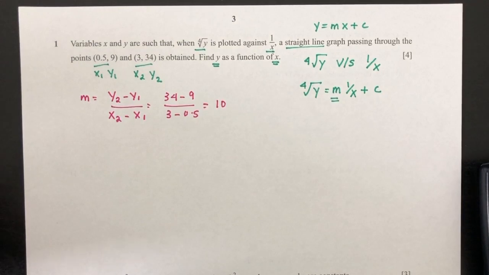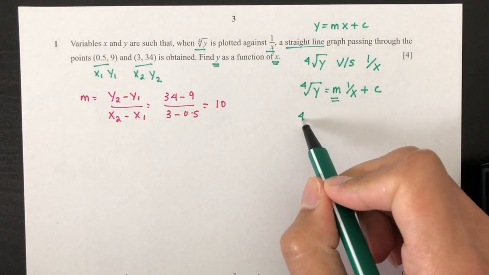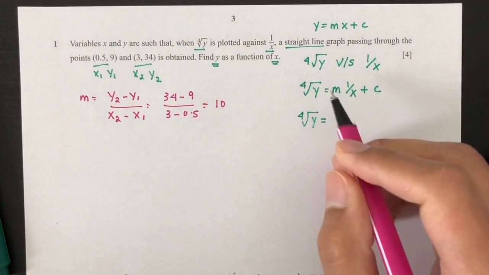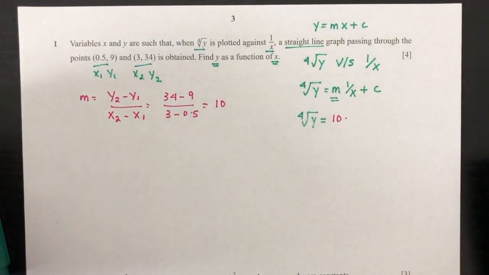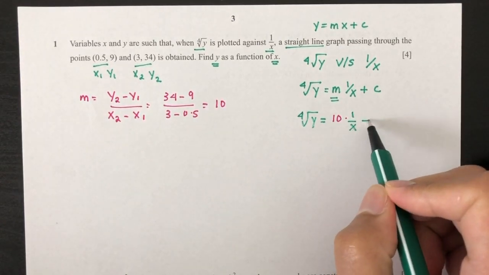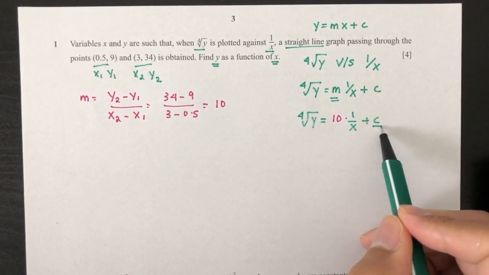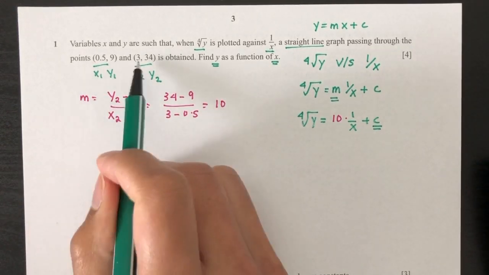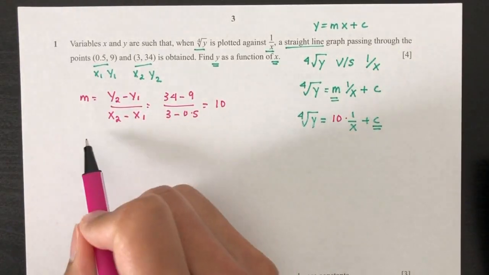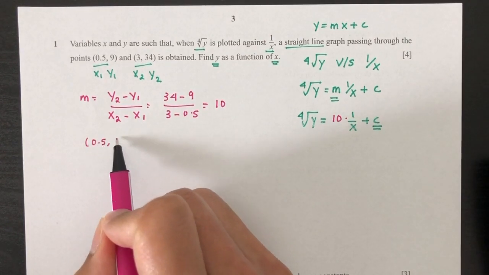So right now, let's simplify. We will have this equal to 10 times 1 over x plus c. Now let's find the value of c. Let's use a point on the line, for example 0.5 and 9.